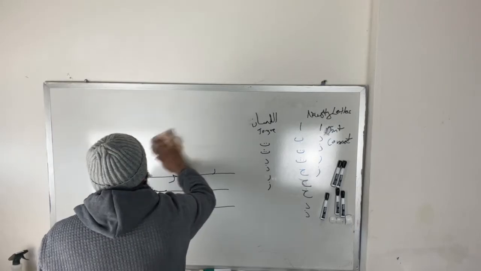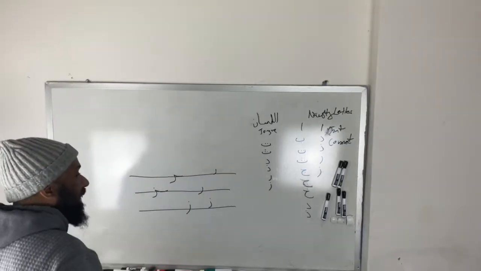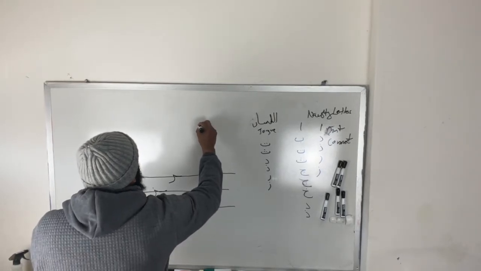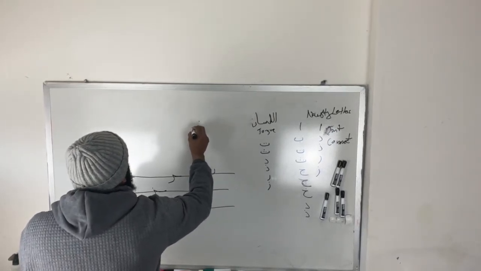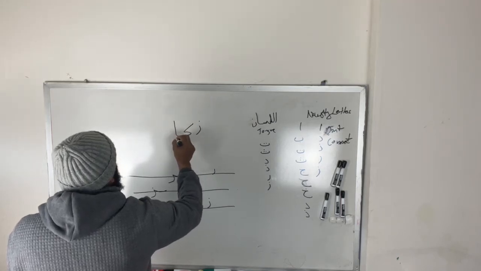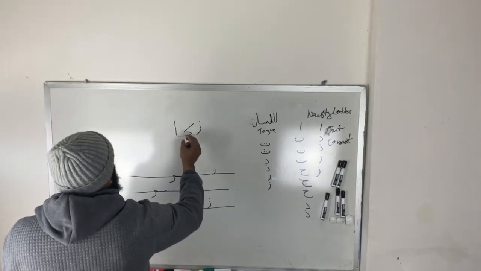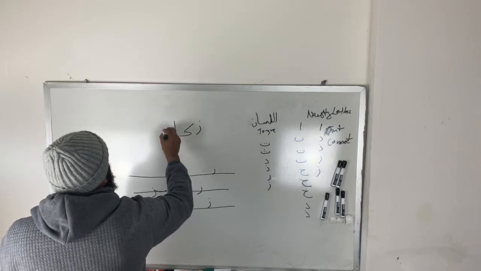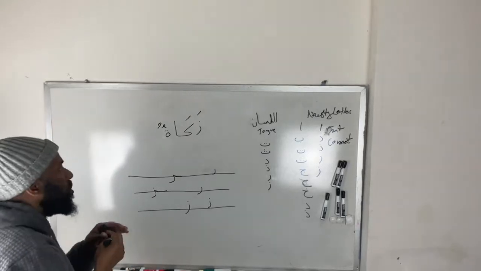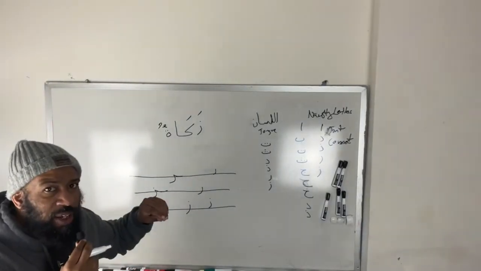Now, let's look at some words with zay, all right? One of the pillars of Islam is what? Zakatun. Zakat, right?